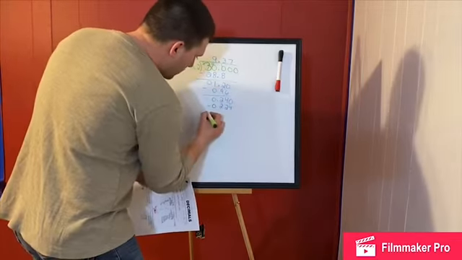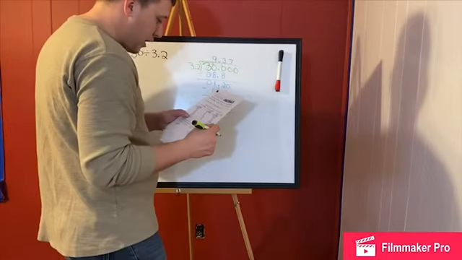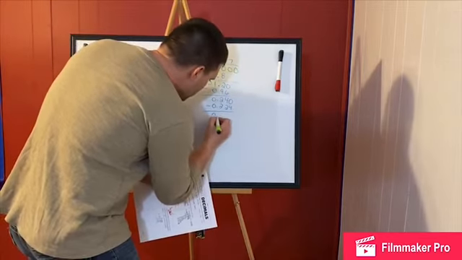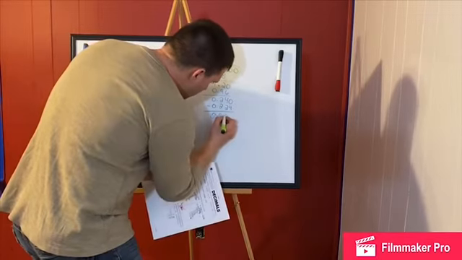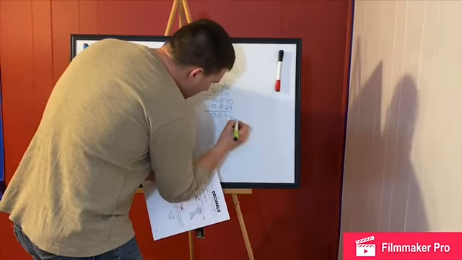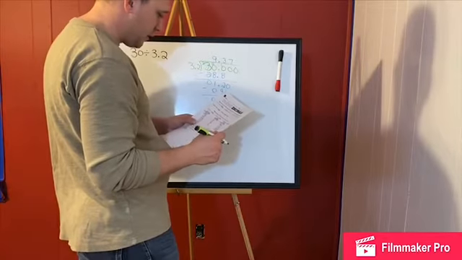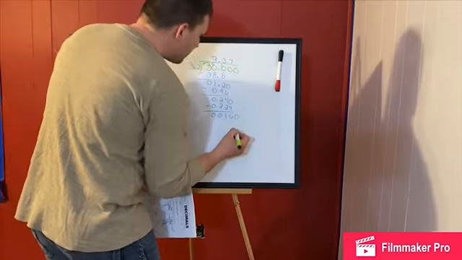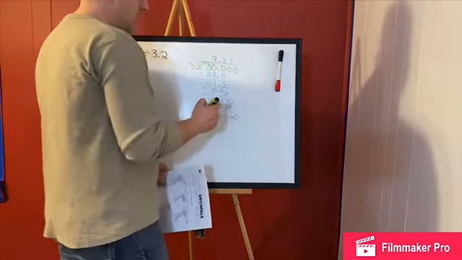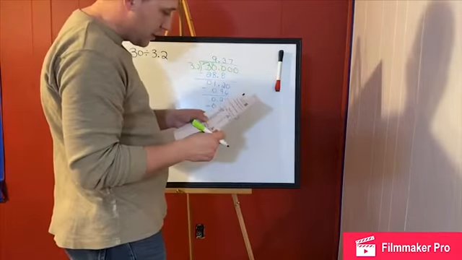When we subtract those out, we get 0.016. Let's drop down another 0. Let's see if we can get this solved at this last one.